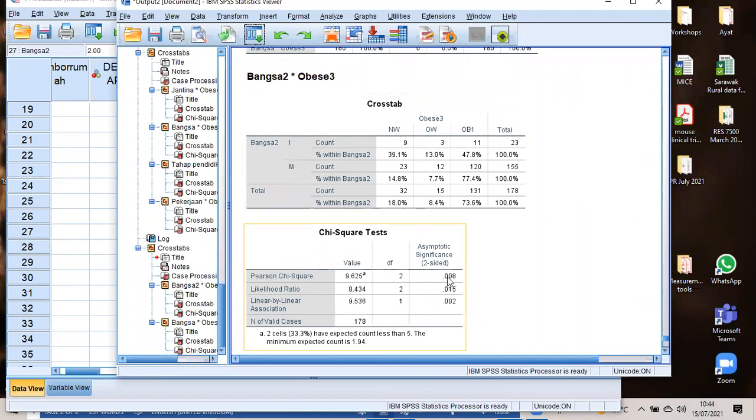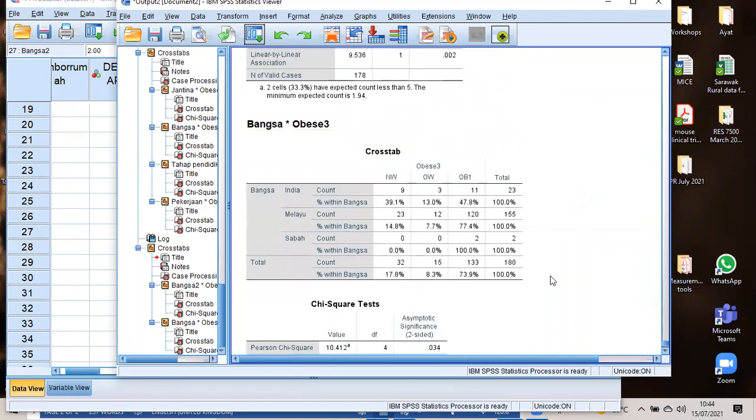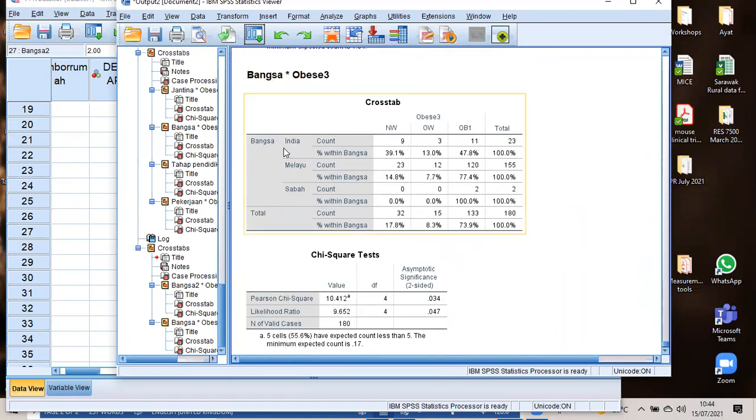That p-value is significant. Just now, I took Indian, Melayu, Sabah. The variable was a string variable, not numerical, so I can't simply drop Sabah. I saw it was significant, but the result was not valid.